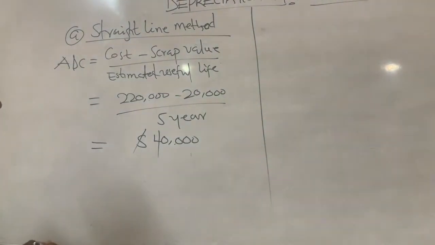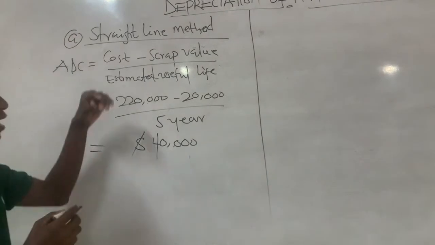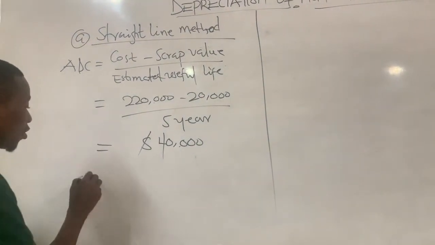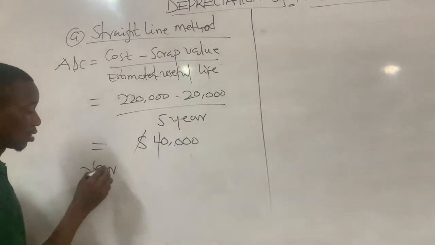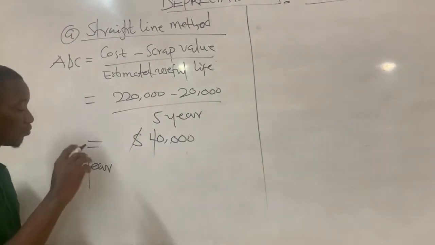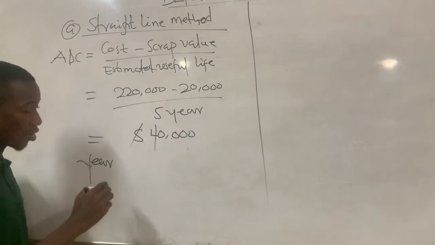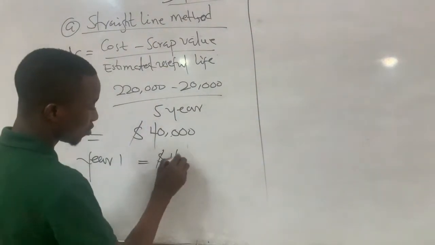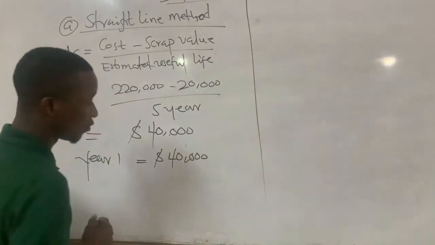So I told you that for the straight line method, the depreciation is fixed throughout the years. For year 1, they said we should calculate the depreciation for 2 years. So year 1, the depreciation will be $40,000.